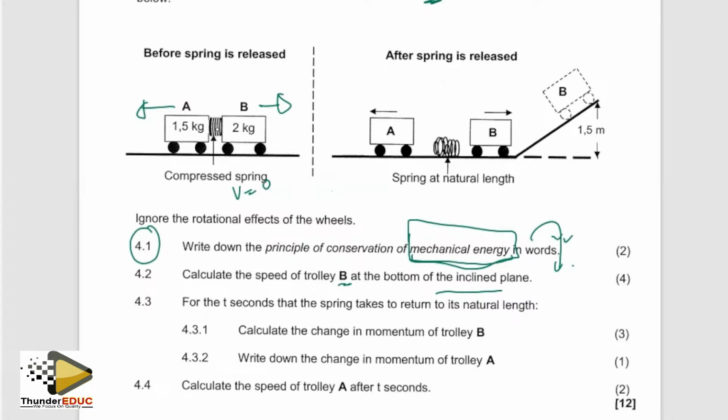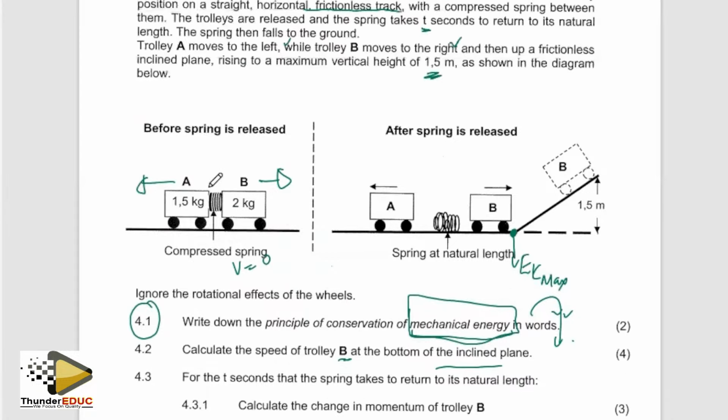So we know that at the bottom of the incline, we're going to have the EK max. And since they told us that this object moves to the right and then up a frictionless incline, rising to a maximum height, this is the highest point. So in this case, we're going to have EP max at that point.